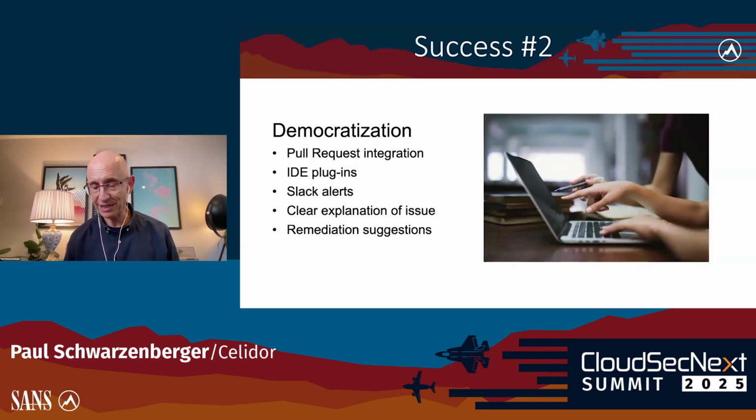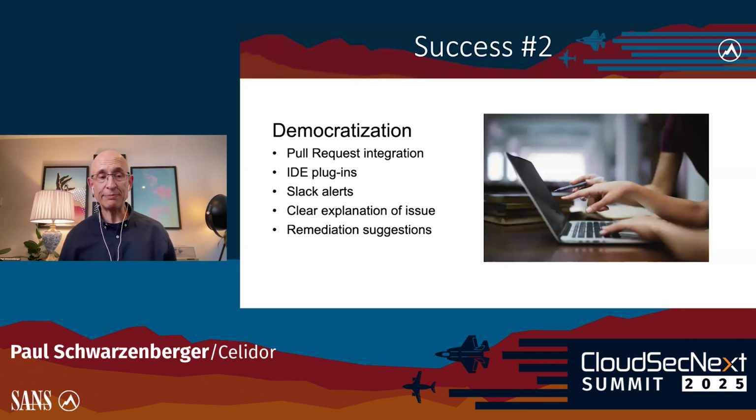If it misses the IDE or they don't have the plugin installed, then hopefully the pull request integration will capture that particular issue. And again, much easier to fix at this point than it is once it's deployed to production. So that's one area, providing the findings in the tools which people use every day. Similarly for notifications.